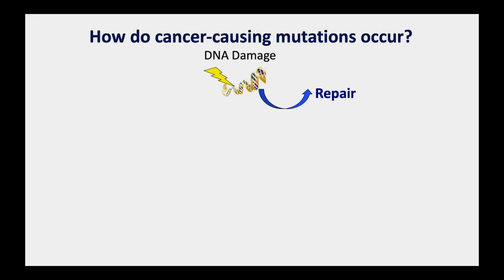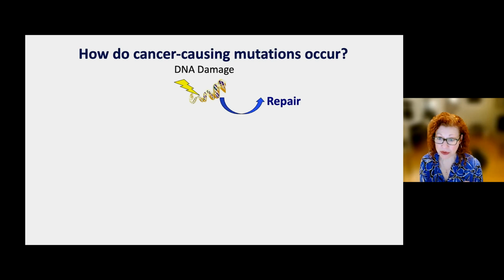In a nutshell, they result from the accumulation of DNA damage. Now, our cells are amazingly efficient in repairing DNA damage. We are bombarded, as we'll talk about in a moment, with different types of things that cause us DNA damage all the time.